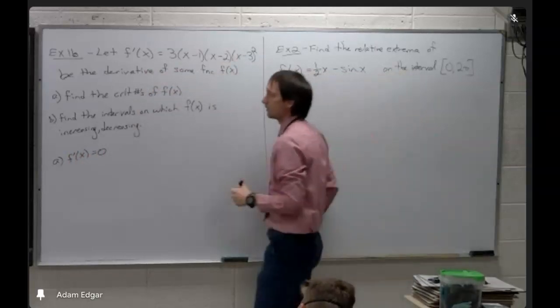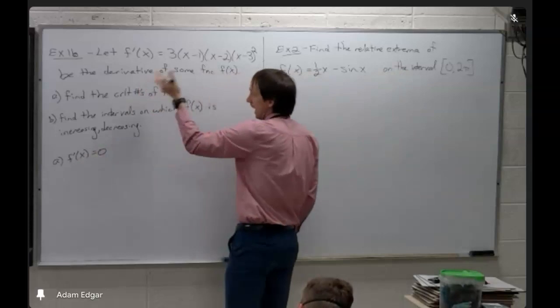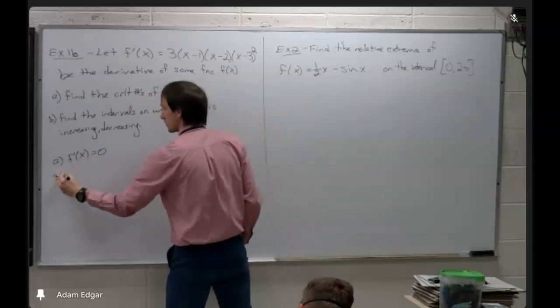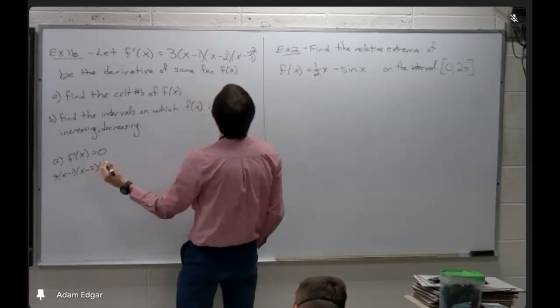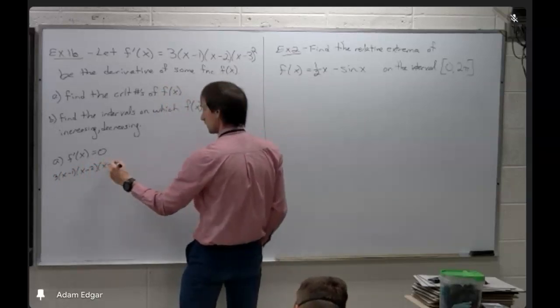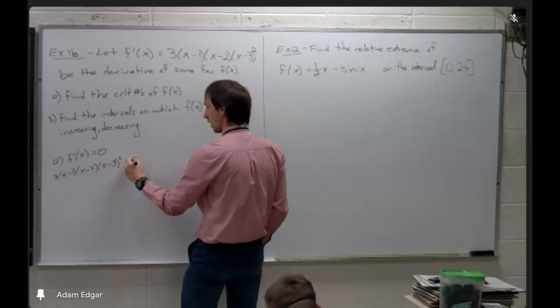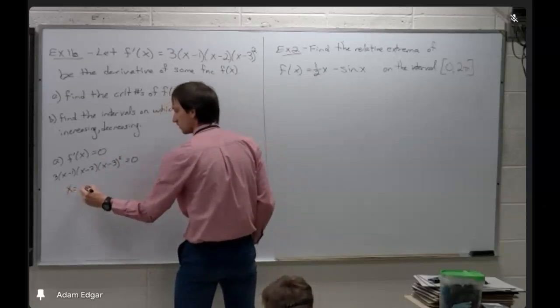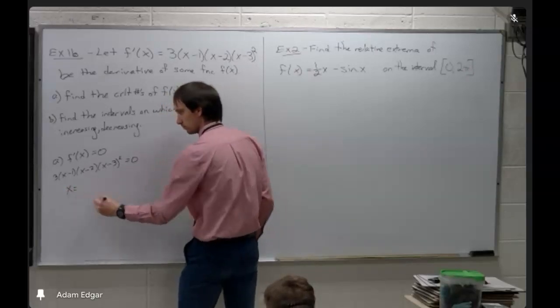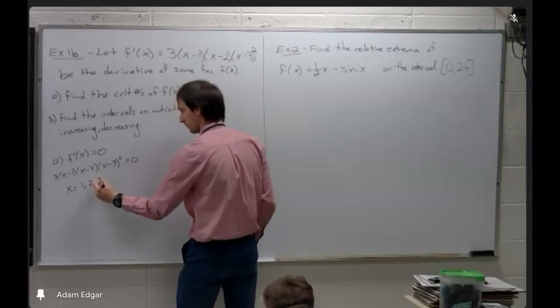And lucky for us, we have the derivative already. So we have 3 times the quantity x minus 1 times x minus 2 times x minus 3, thank you, squared equals 0. So what are our solutions for x? 1, 2, 3, and not 0.